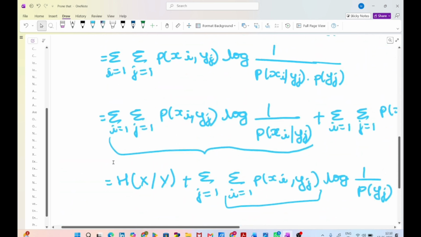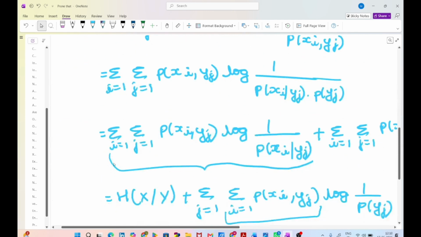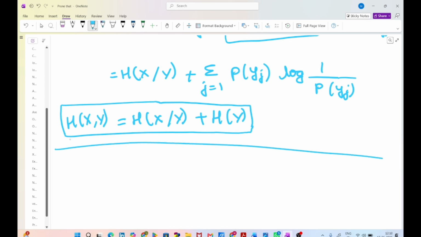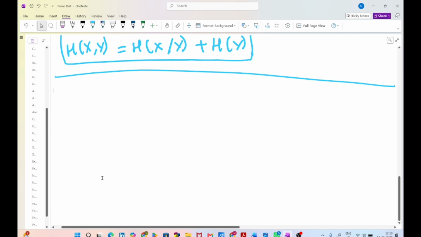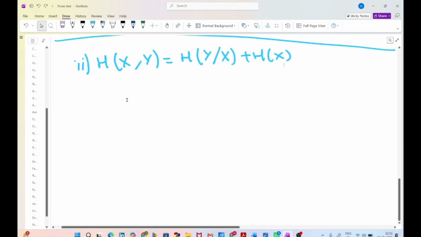And next, let us prove this. H(X,Y) = H(Y|X) + H(X). Second one, H(X,Y) = H(Y|X) + H(X).